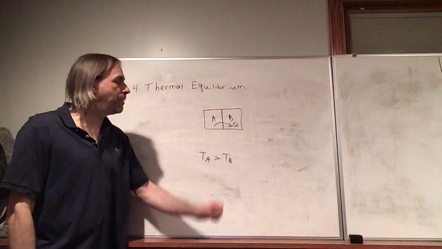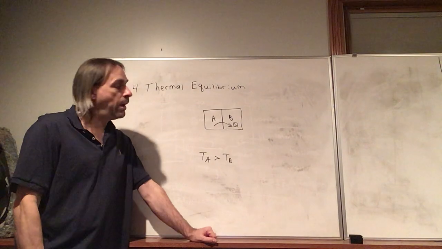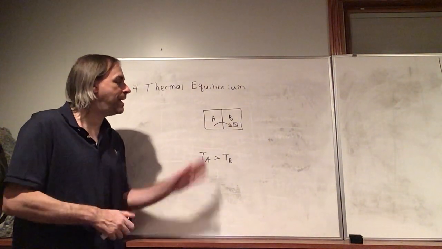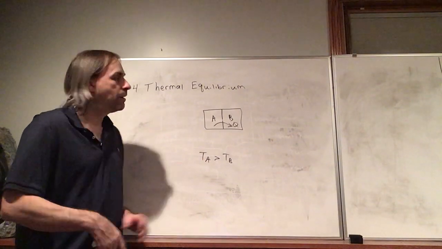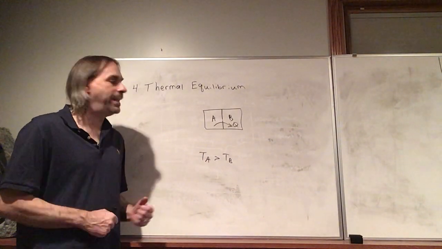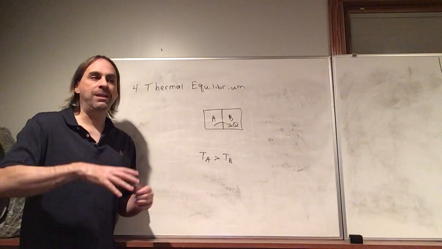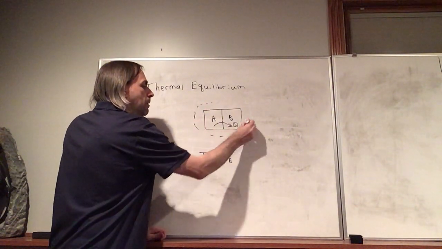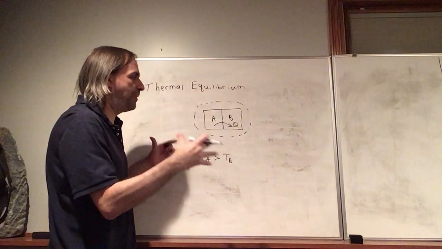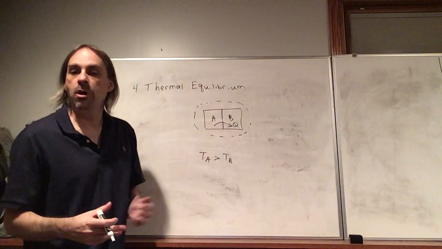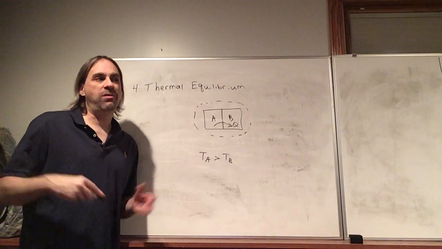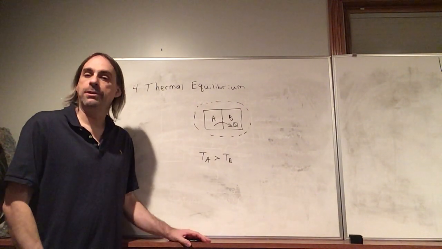So we put these two objects together, and let's say that A and B is an isolated system, which means we have this boundary, and nothing enters or leaves, including energy. Now, this would probably not typically be the case.